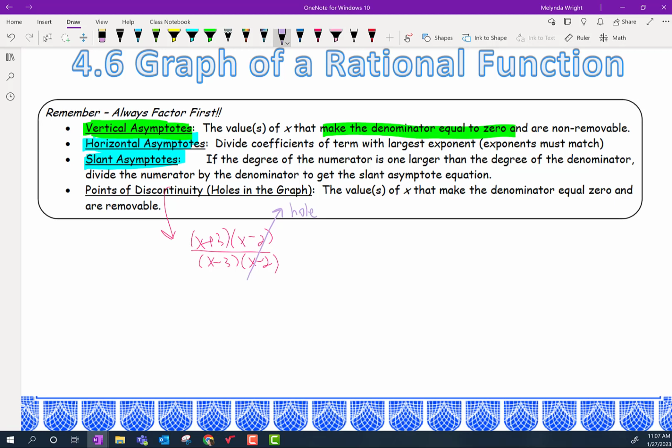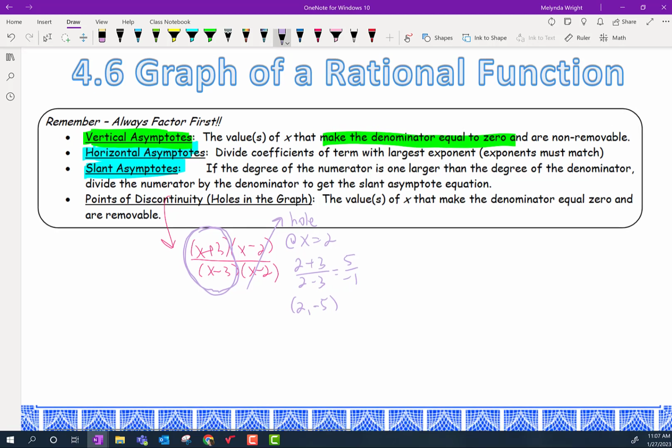The hole would be at the x value that would make what we took out 0, so the hole would be at x equals 2. To find the y value of the hole, we plug that x value into the leftover part that we haven't canceled out: 2 plus 3 over 2 minus 3, which gives a y value of negative 5. So our hole would be at (2, -5). That's a reminder of how we find the holes.